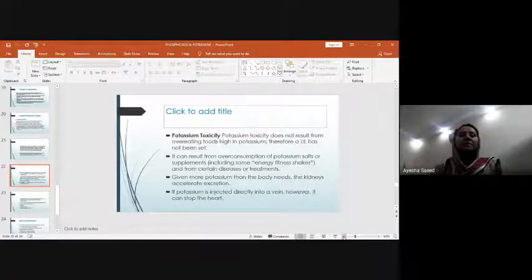Potassium toxicity. Potassium toxicity does not result from overeating foods high in potassium. Therefore, a UL has not been set. It can result from overconsumption of potassium salts or supplements, including some energy fitness shakes, and from certain diseases or treatments. Given more potassium than the body needs, the kidneys accelerate the excretion.